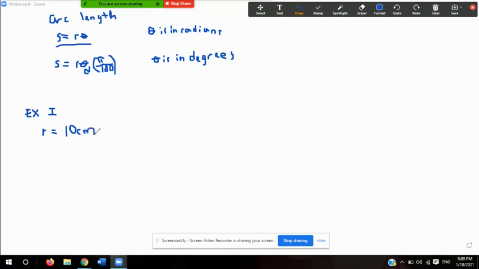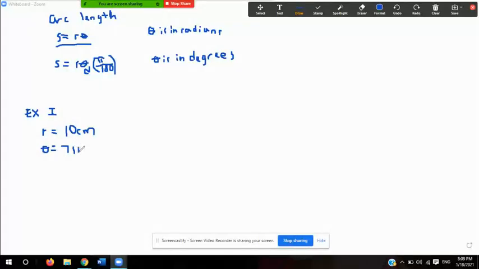It says an arc is intercepted by a central angle with a measure of 7 pi over 4 radians. Find the arc length. So theta is 7 pi over 4, and we're being asked to find the arc length.